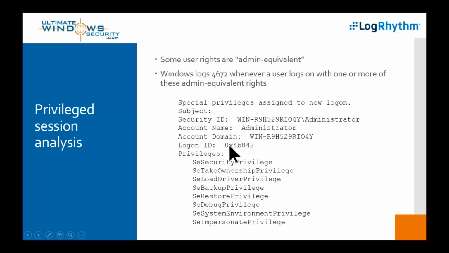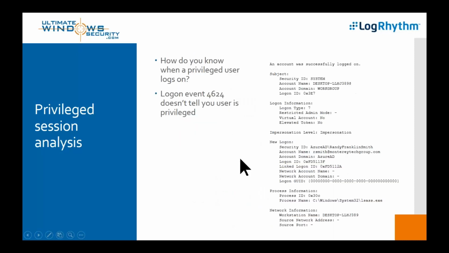In this case, it's hex 4B842. If we go and look at an example of 4624, that is the logon event. Here under new logon, one of the pieces of information we get is the logon session ID. So that's our correlation point right there.